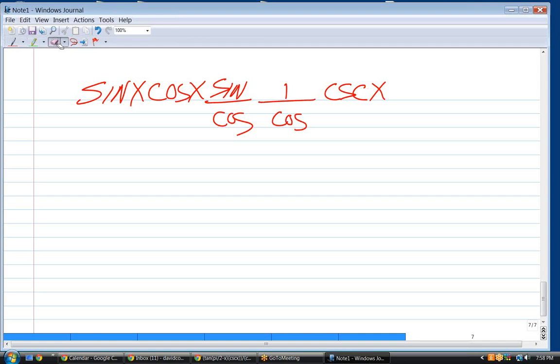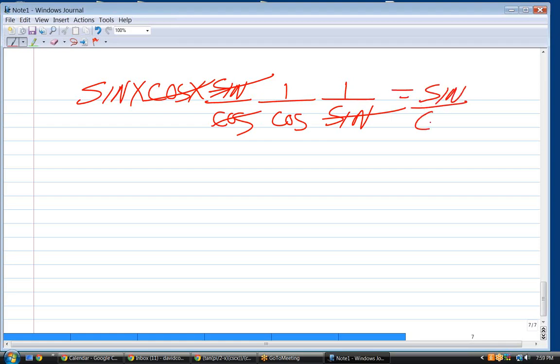And cosecant? 1 over sine. So that cancels with that. That cancels with that. And I end up with sine over cosine, which converts to what single trig function? Tangent.